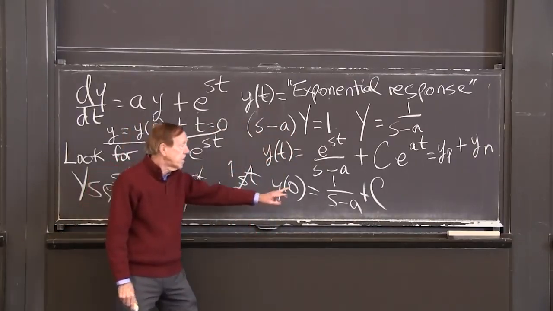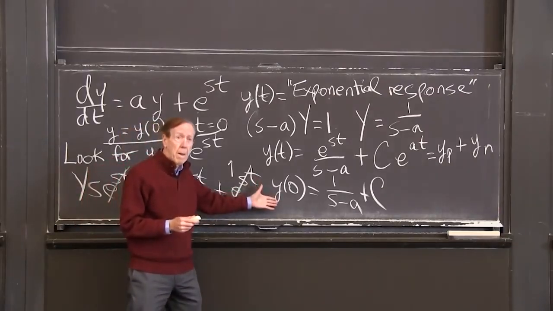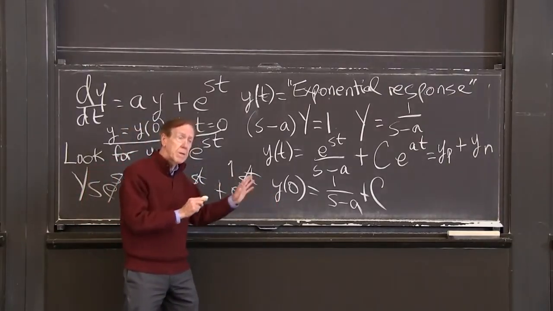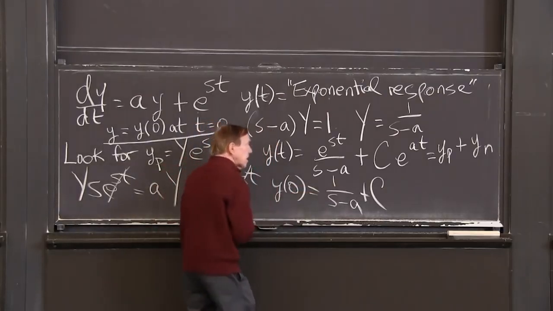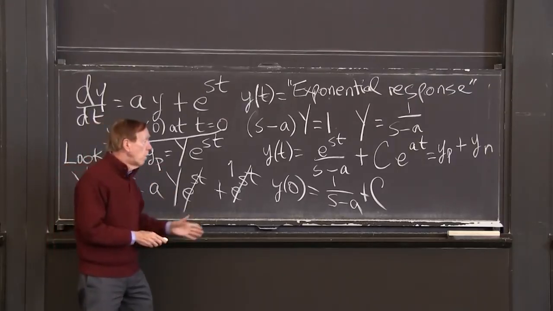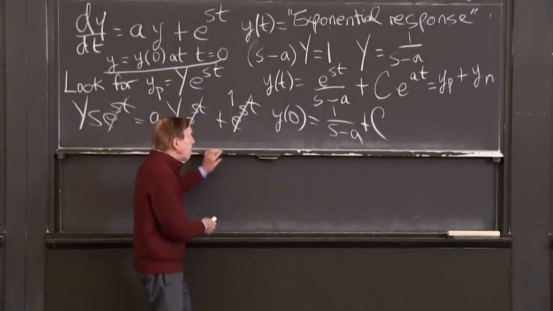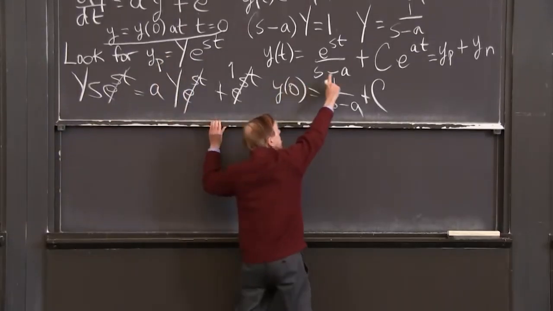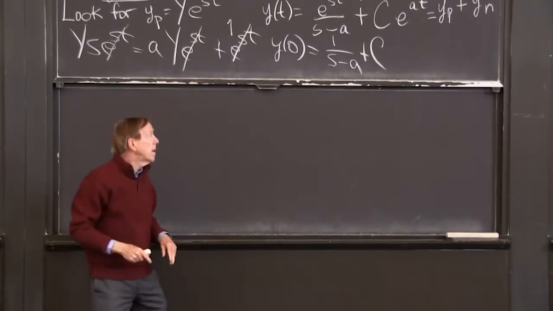And now I know what C is. And notice C is not just y of 0, as we saw sometimes in the past. C is y of 0 minus this. Are you ready now for the complete solution satisfying the initial conditions? This is the correct form. This tells me what C has to be.